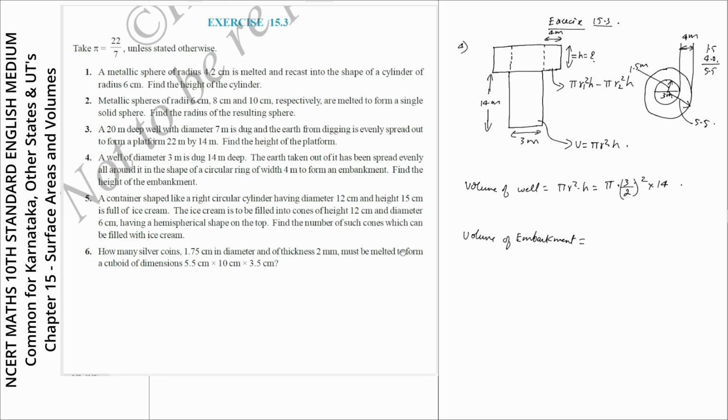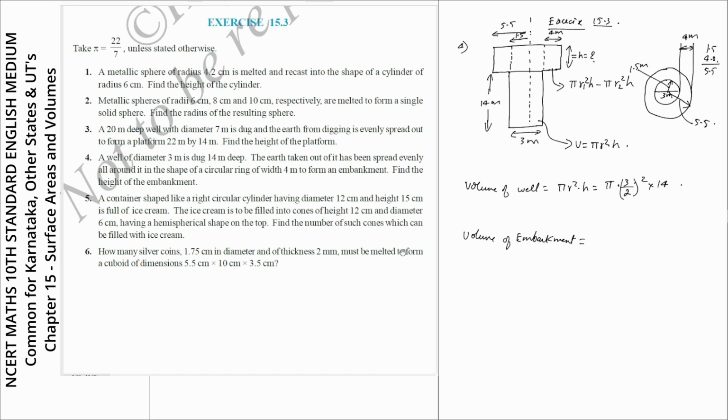So that's why, what is pi r1 square h? That gives the volume of the cylinder whose radius is r1, that is 5.5, from here till here. And pi r2 square h is the volume of the cylinder whose radius is 1.5, from here to here. I think things are clear. This is the middle path, this is the center.